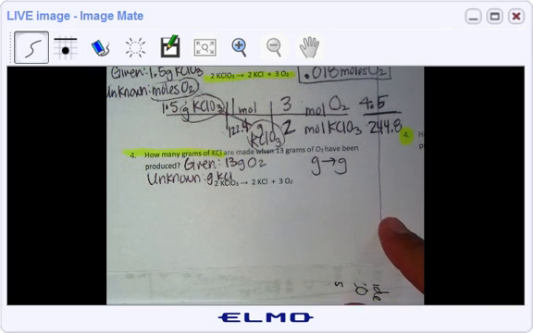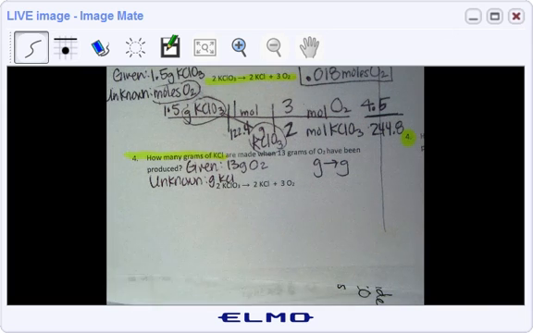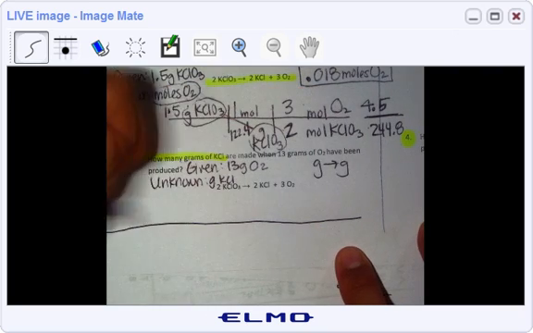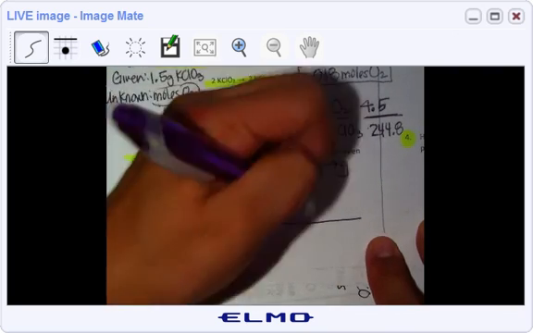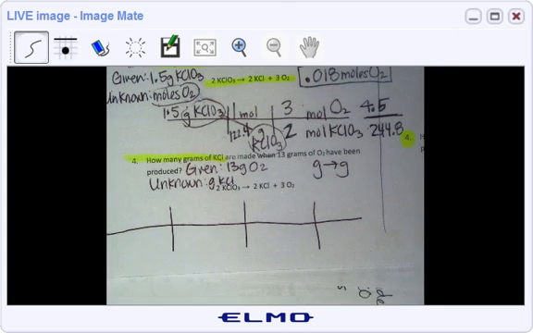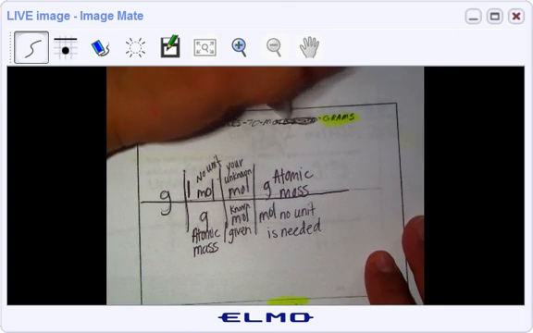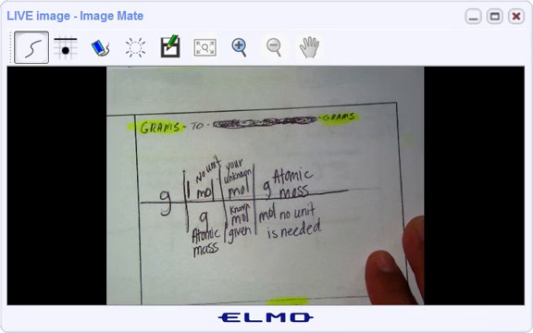You're going to look at your T-chart to figure out which one. I'm going to cover it up really quick to show you guys. Let me draw my line. This one, grams to grams. I'm going to move it in a second, and you're going to copy down these blanks.